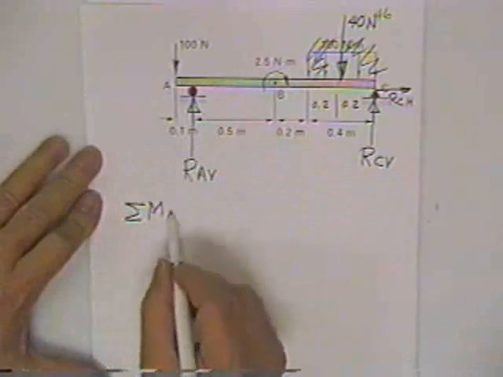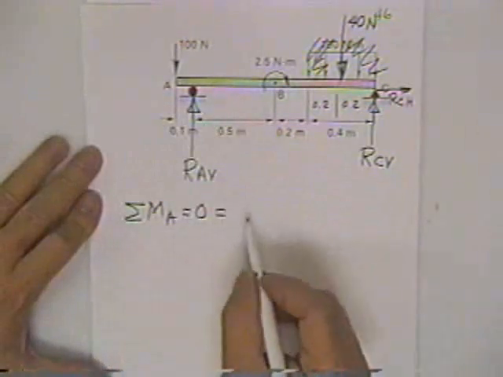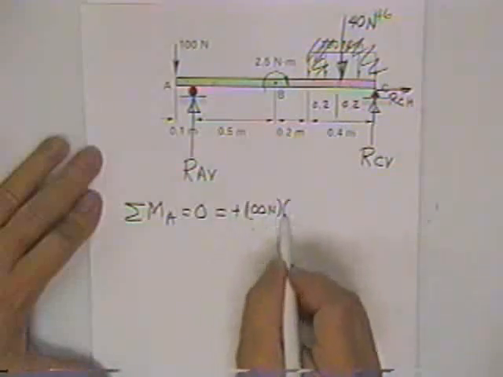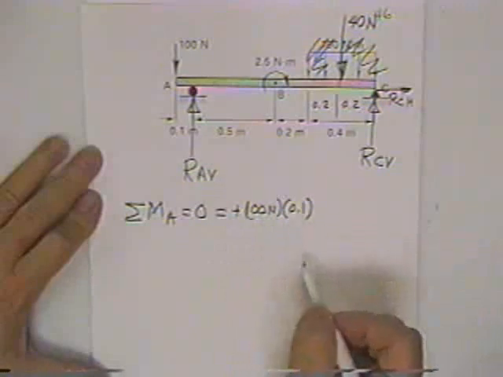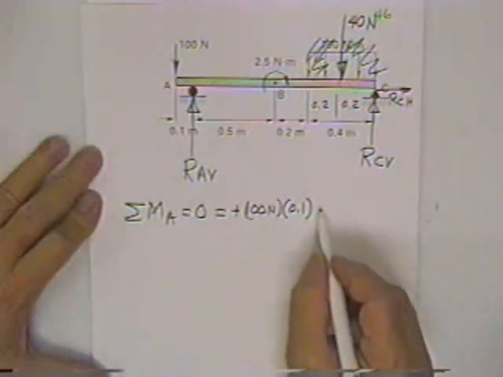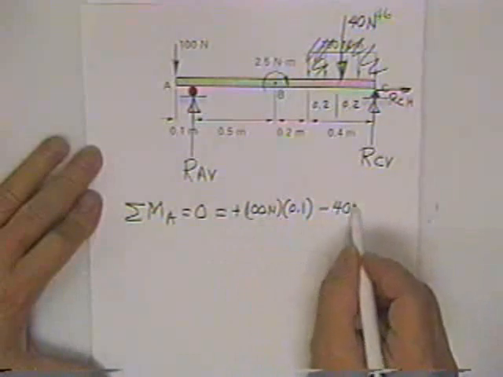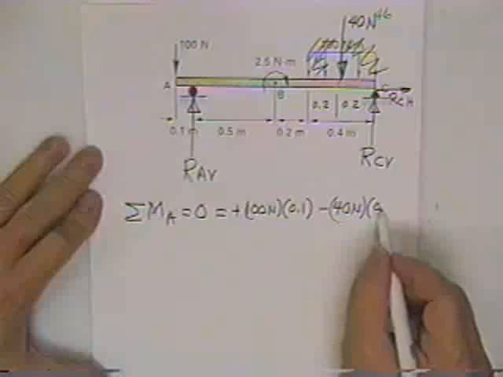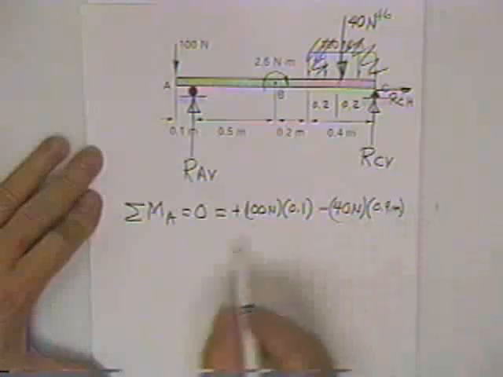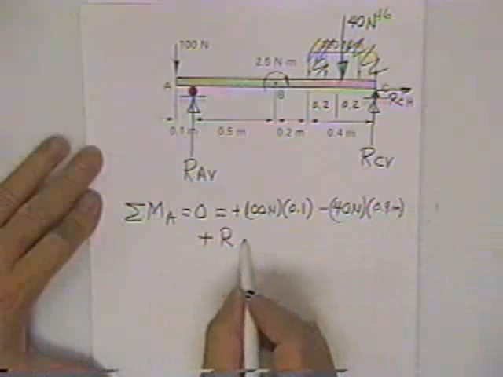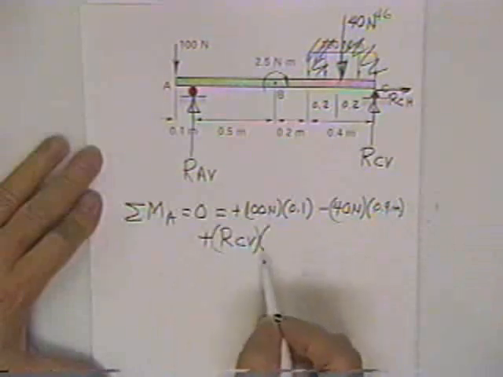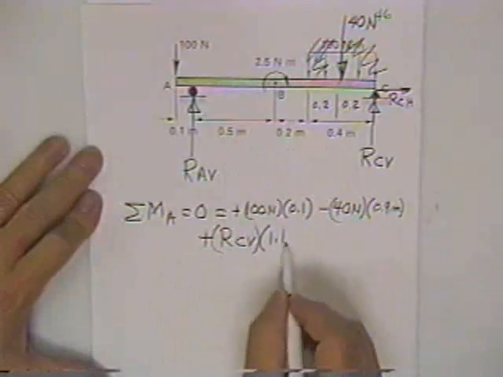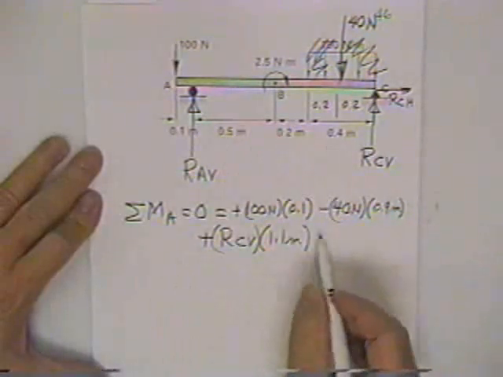Sum moments about A equals 0 is equal to plus 100 newtons times his moment arm, 1/10 of a meter, minus 40 newtons times his moment arm, 0.9 of a meter, plus the unknown RC vertical times his moment arm, 1.1 meters.